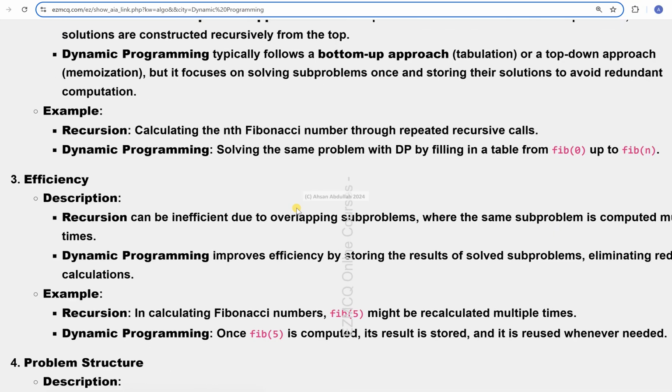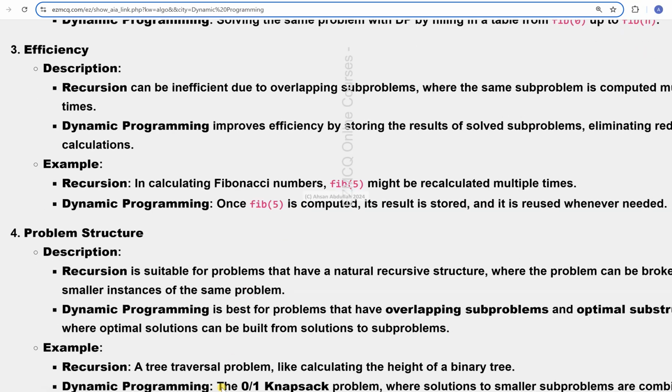All right, so efficiency is paramount. Recursion can be inefficient due to overlapping subproblems. Why? Because the same problem is computed many times. Dynamic programming improves efficiency by storing the results of solved subproblems, eliminating repeated calculation.